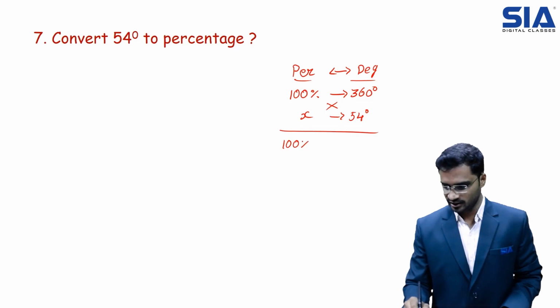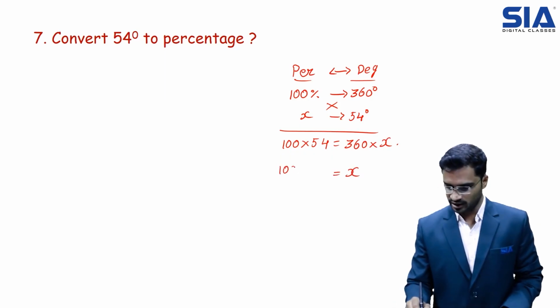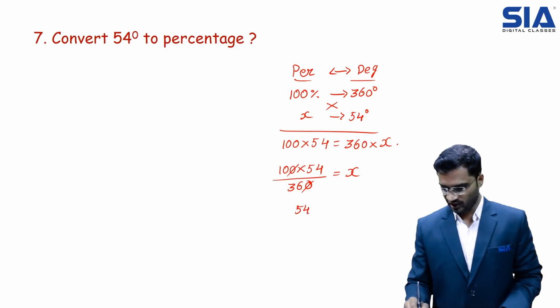So 100 into 54 is equal to 360 into X. Now we have to find the value of X. So 100 into 54 by 360 is our answer. So 0 and 0 get cancelled. So 540 by 360. After solving this, the X value is 15.